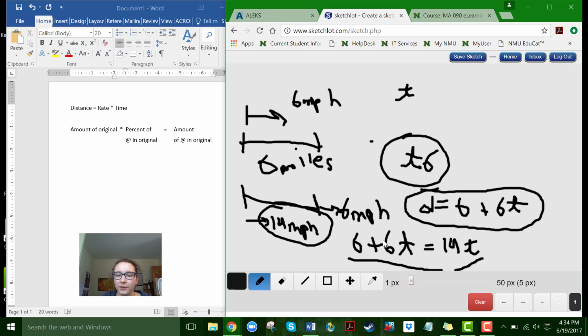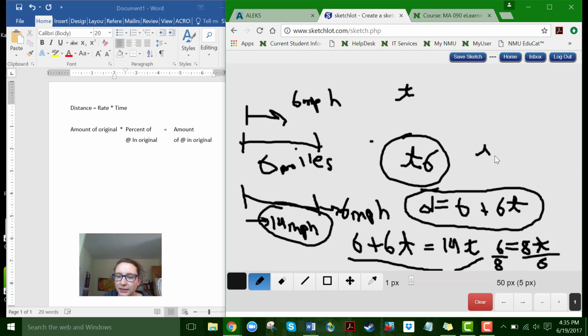6 plus 6t equals 14t. You can solve this by first subtracting the 6t over to the other side. So you have 6 equals 8t. And then t is being multiplied by 8, so we have to divide both sides by 8 to get our value for t.